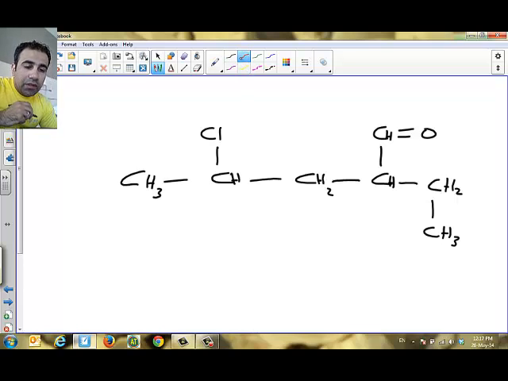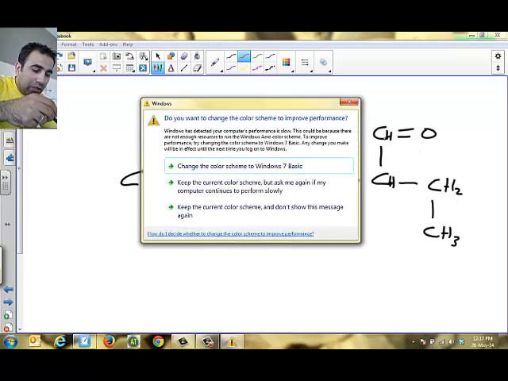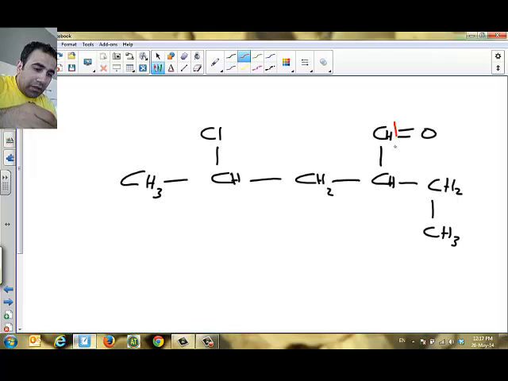Imagine that we have this hydrocarbon. Here we have C with double bond O, which is a functional group for aldehyde. We have to include it in the longest chain, so the longest chain will be like this.